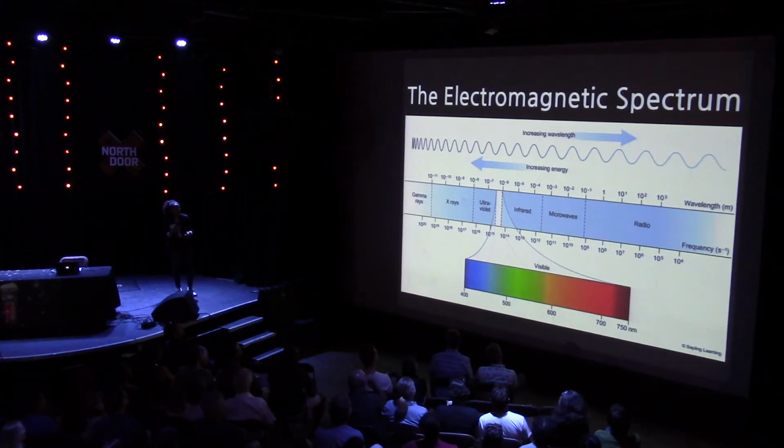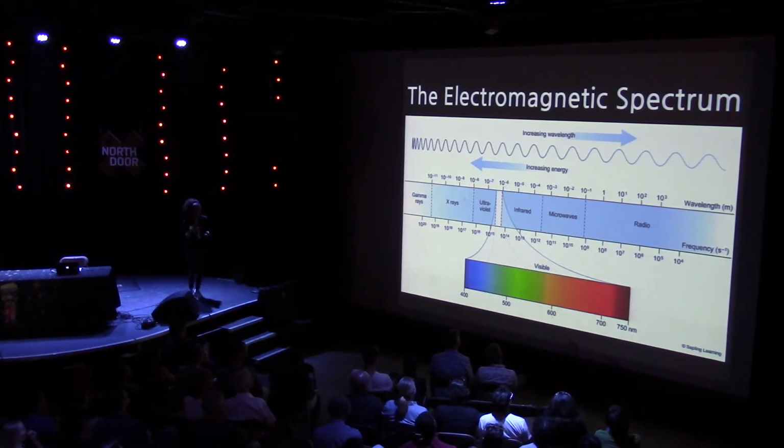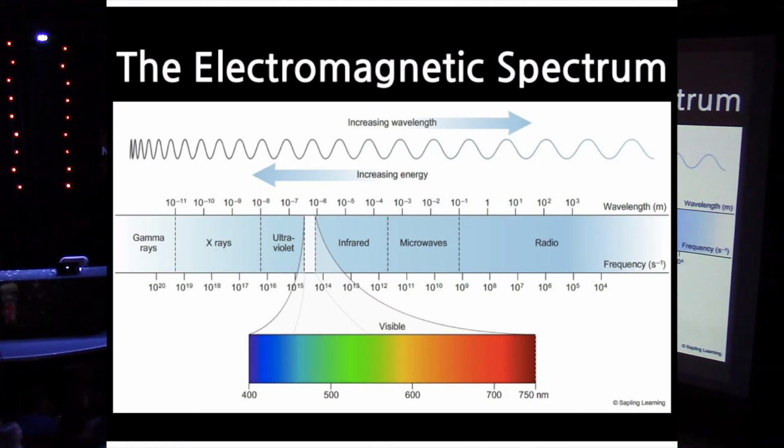If we take a look at the electromagnetic spectrum, this is showing the range of electromagnetic radiation that is flowing all around throughout the universe. Starting on the left-hand side with the shortest wavelength, highest energy radiation, and then moving to the right, you go to longer wavelengths and lower energies.